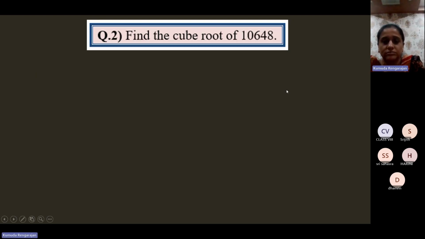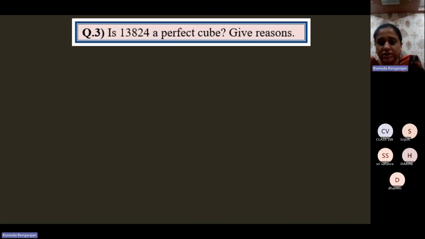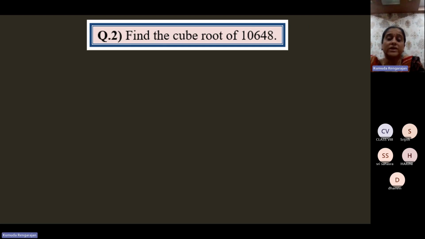Next question. The cube root of 10,648. Find the cube root of 10,648. Yes, all of you get started with the prime factorization of 10,648. I want it in order. First write 2, finish 2. Then when you see it's not divisible by 2, then you should try 3. It's not divisible by 3, then 5, then 7. Start doing. I want the prime factors in order.